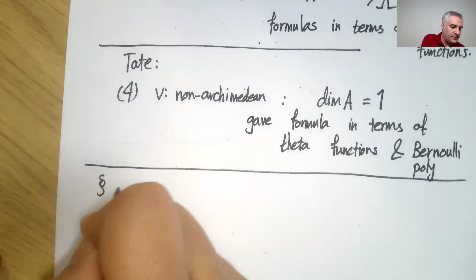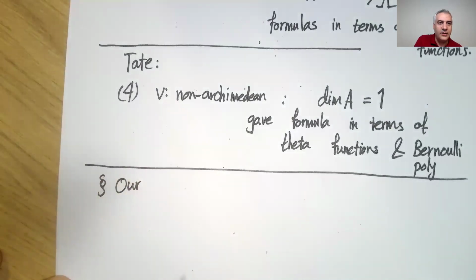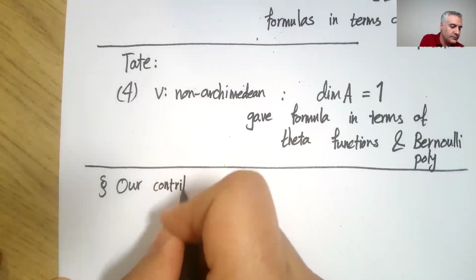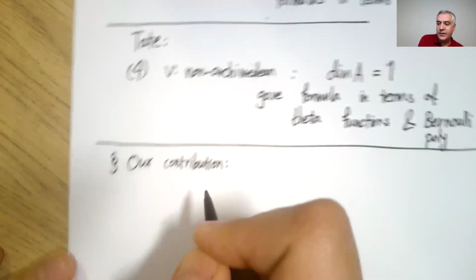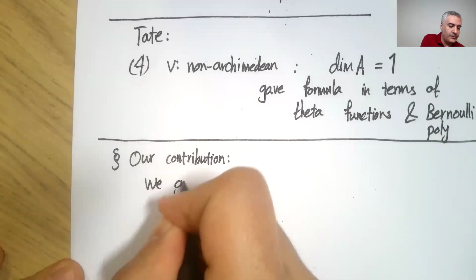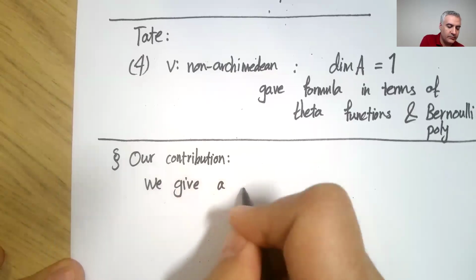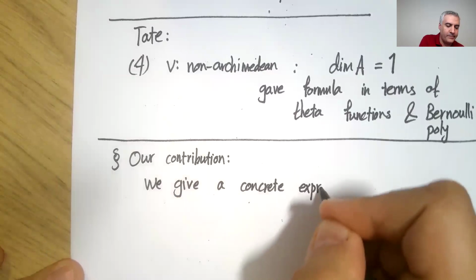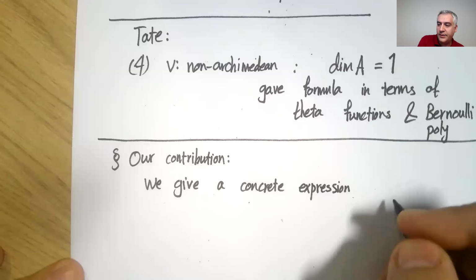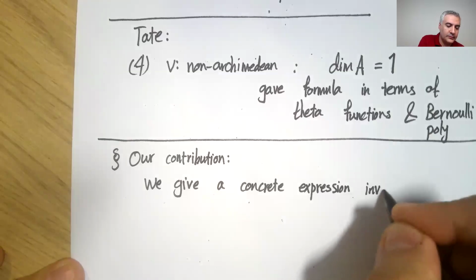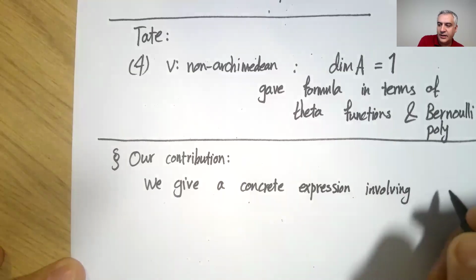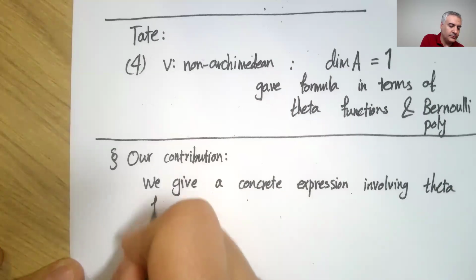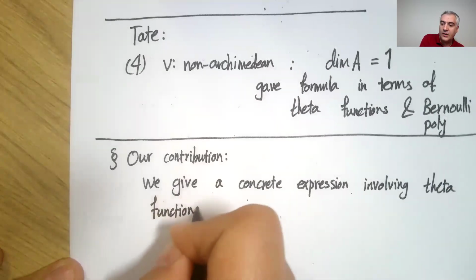So our contribution, and by we I mean Robin de Jong and myself, our contribution will be, we give a concrete expression involving theta functions and Berkovich spaces.